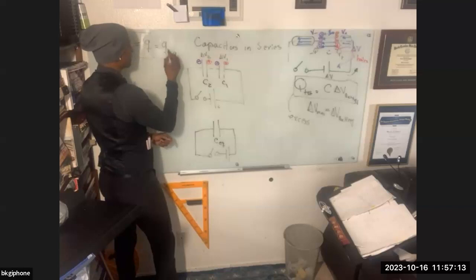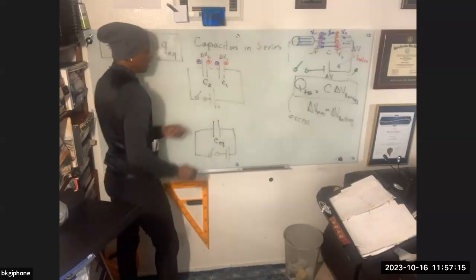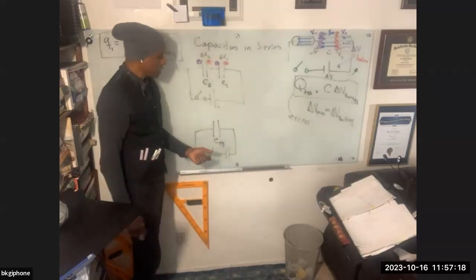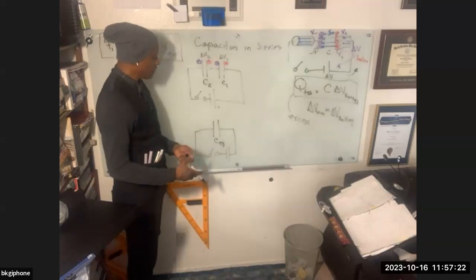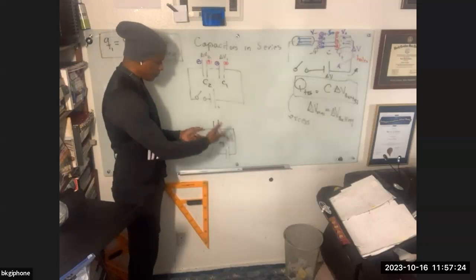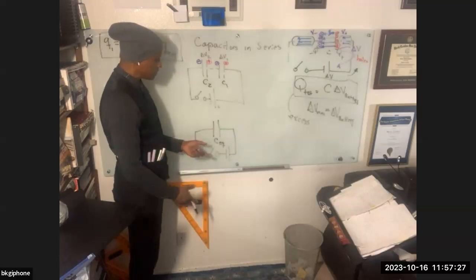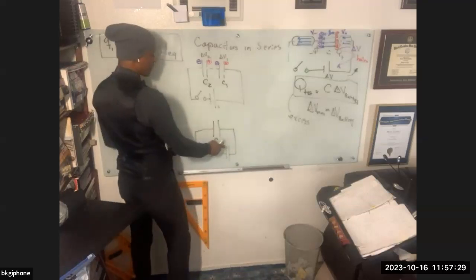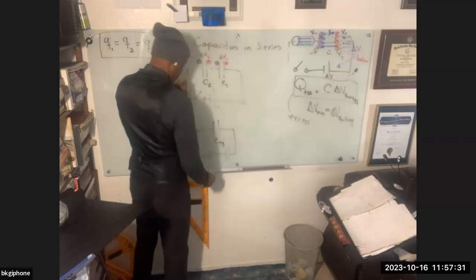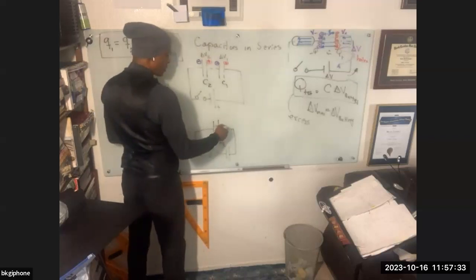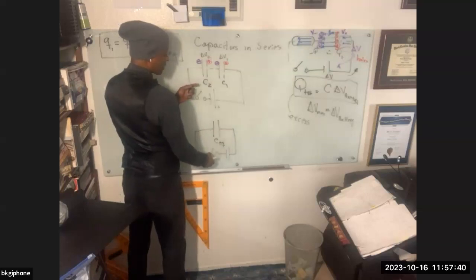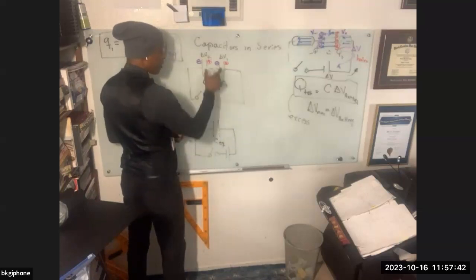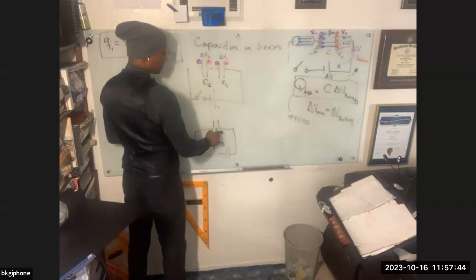Why is that the same? Because I told you that we're replacing these two capacitors with a capacitor such that all the properties of the circuit will be the same. So this equivalent capacitance would be such that the charge on the capacitor at any given time, like if I were to close these circuits simultaneously, would be equal to the charge on this guy.